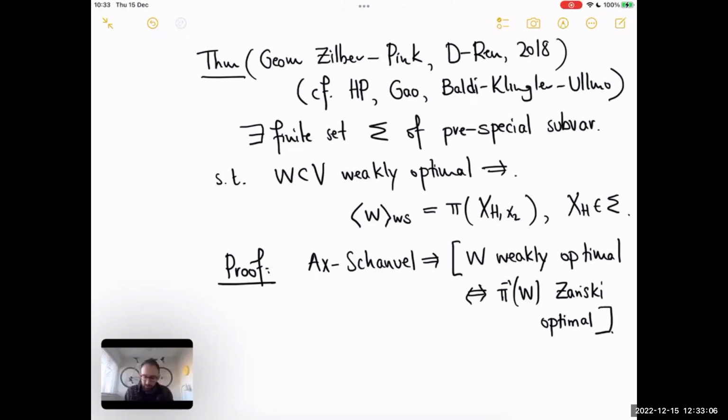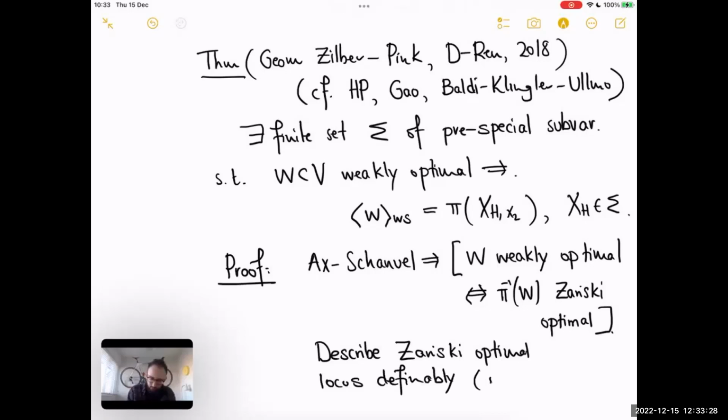But once you have that characterization, you can then describe this Zariski optimal locus in a definable way, in an o-minimal structure. And that's powerful because that unsurprisingly yields the sort of finiteness that you're looking for in the same theorem.